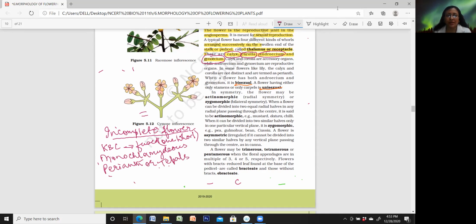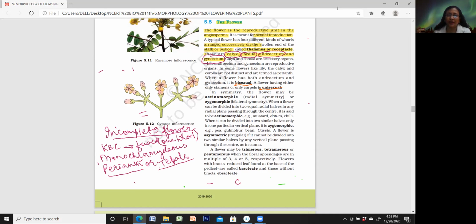Lily flowers are very common. You can see with the florist, the lilies are available and you will never find the sepals separately. You rather find two whorls of only colored structures, they may be white or pink or red or whichever the color is, but you will find only those similar structures present. And you call them tepals or perianth, and they are not sepals and petals.